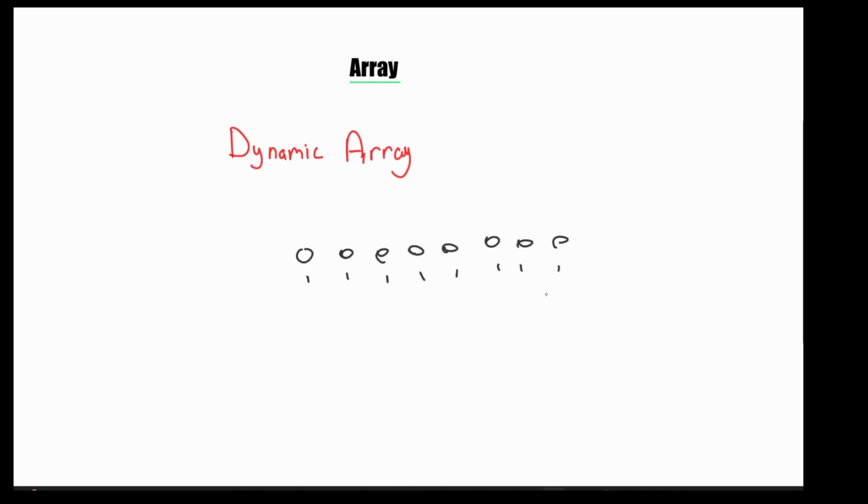But one of the other downsides of this is that, let's say you have 10 spaces and the 11th person comes, and now you get 5 more seats, so you have 11 people but 15 seats. So still you have more empty seats, and you're always occupying more space than you need.